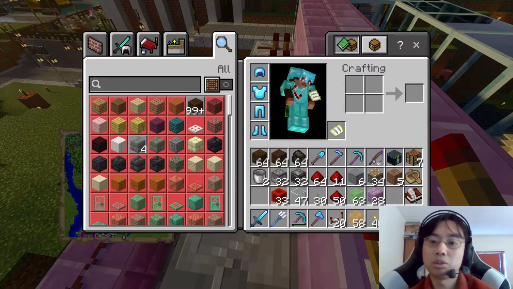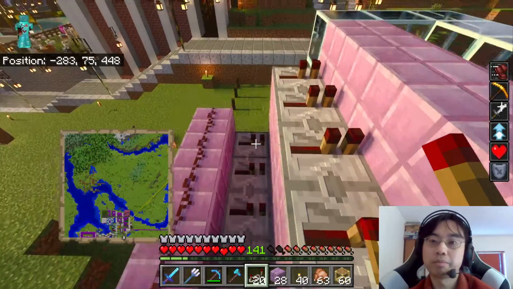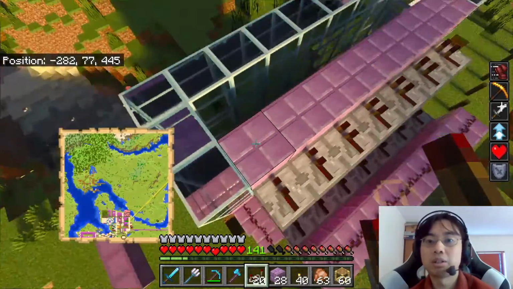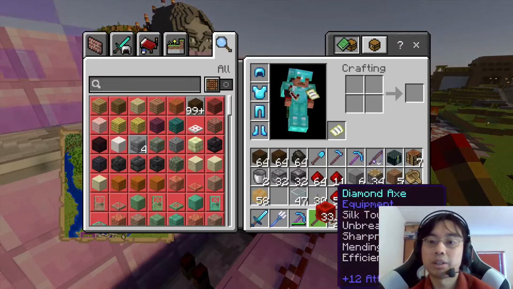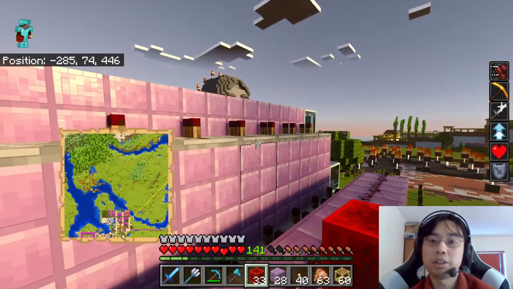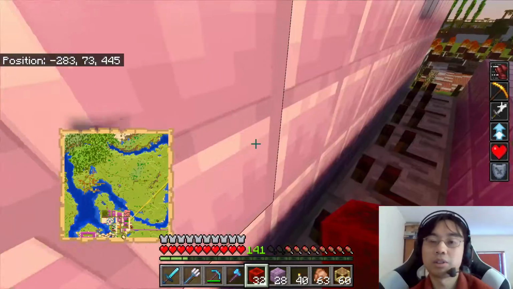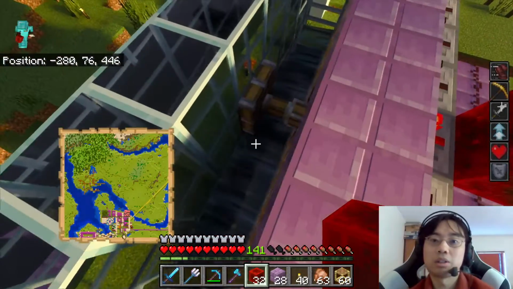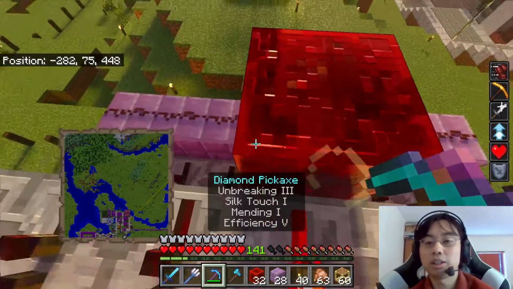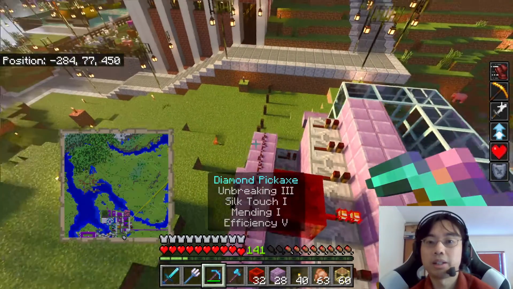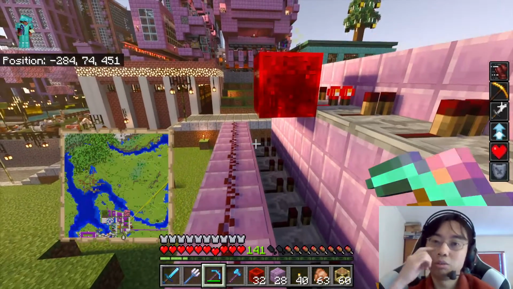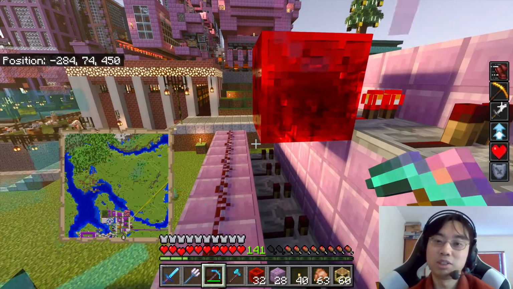Not 100% sure, so if I power in there, what happens? Only that extends. Okay, that's what I want. And then we need to glue this.